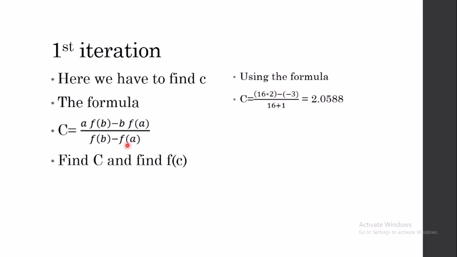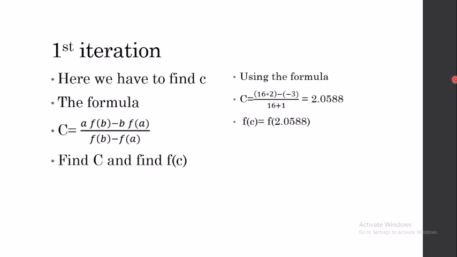So let's take a look at what we get by using the formula. I hope you all know what a, f of a, b and f of b are. In the last slide I showed you the values. I just substituted all these values in the formula, and I got the value 2.0588 for c.